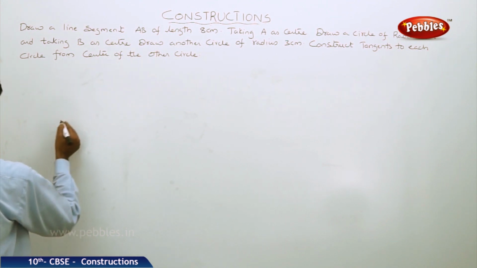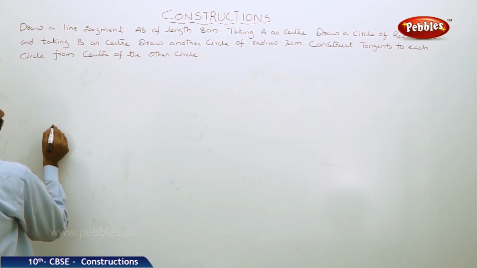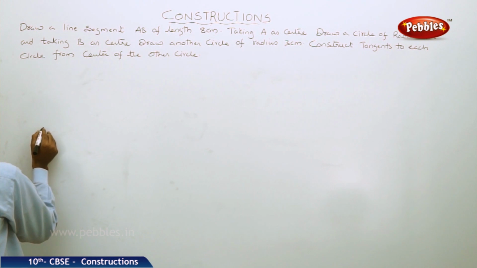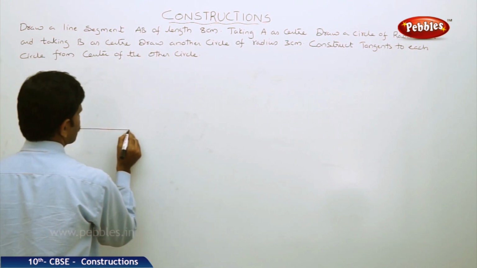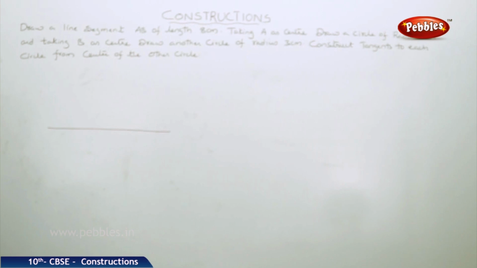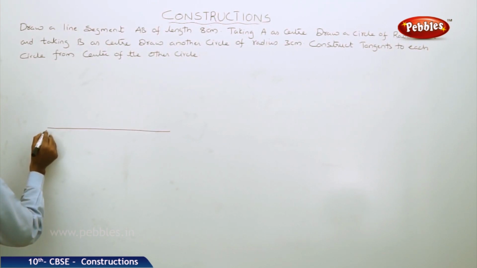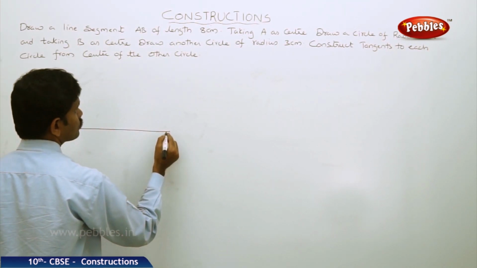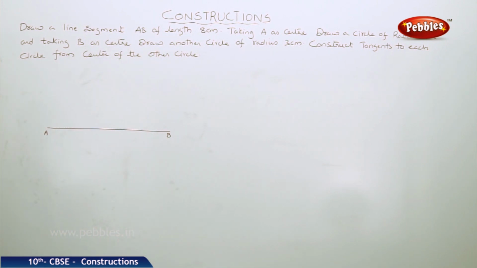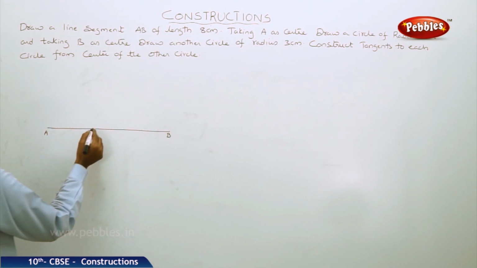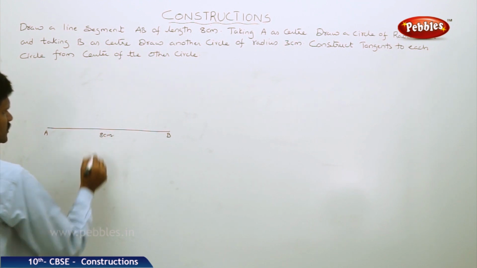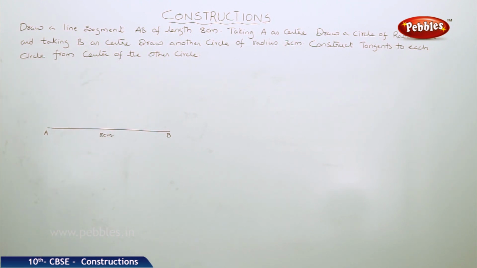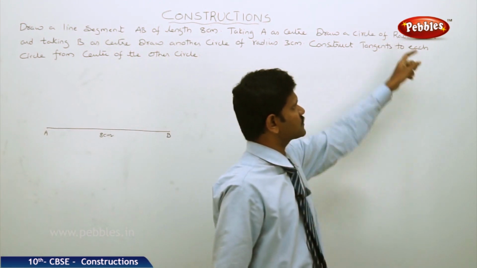Now, first draw a line segment AB equal to 8 centimeters. Taking A as center, draw a circle of radius 4 centimeters.